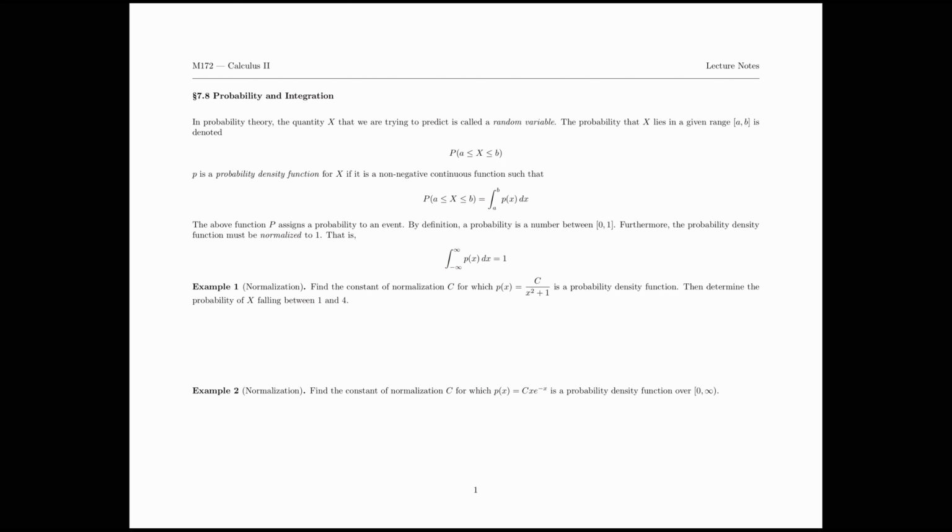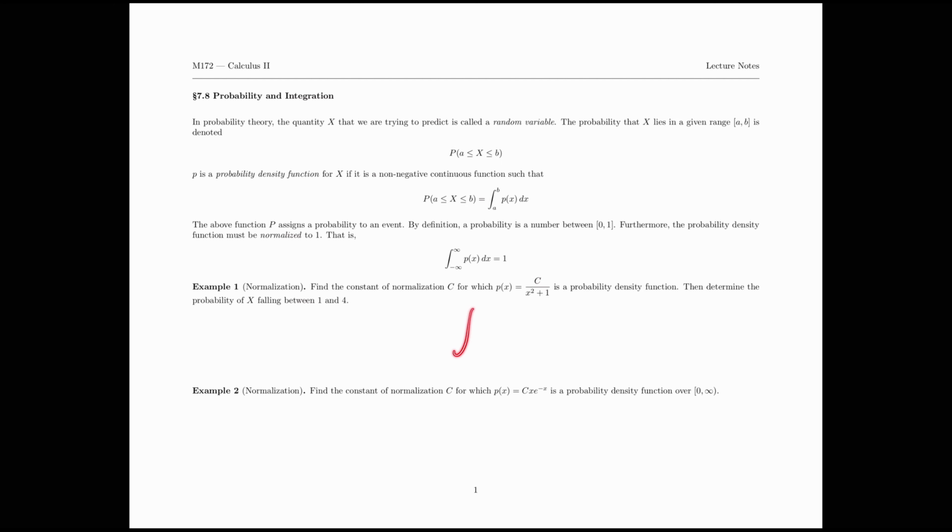In order to take some function, such as the function 1 over x squared plus 1 in example 1, if we were to integrate this from negative infinity to infinity, you'll find that this does not equal 1. So we can make this into a probability density function by artificially inserting some yet to be determined normalization constant.